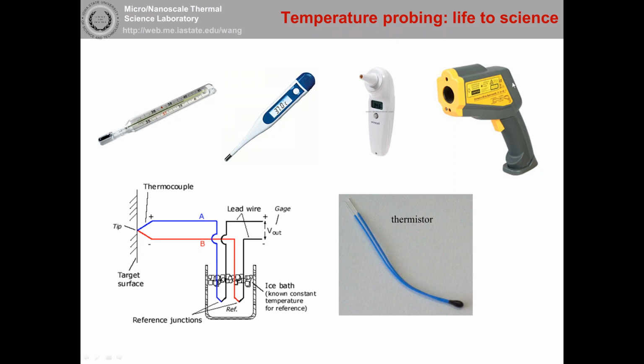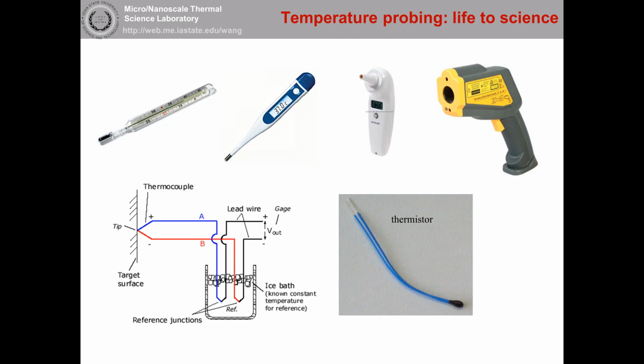We call it a temperature gun or thermal gun, which measures the radiation. The last one on the bottom is the thermocouple. If you have a temperature rise, you measure the voltage difference between these two leads. So that's the normal way.